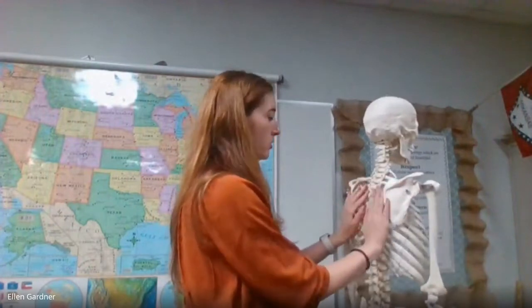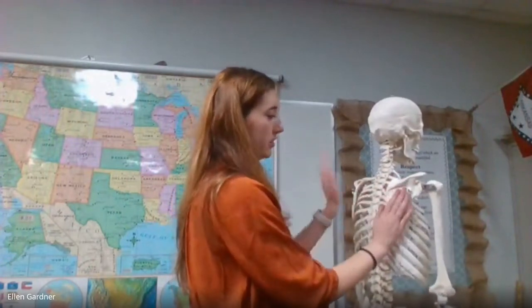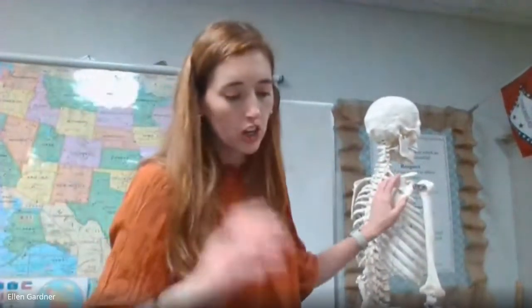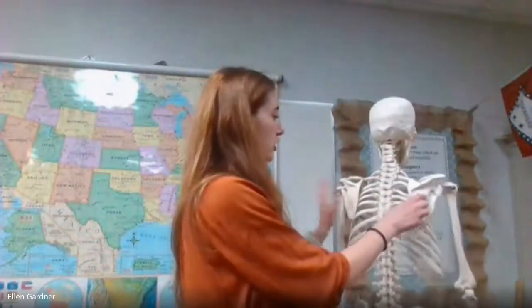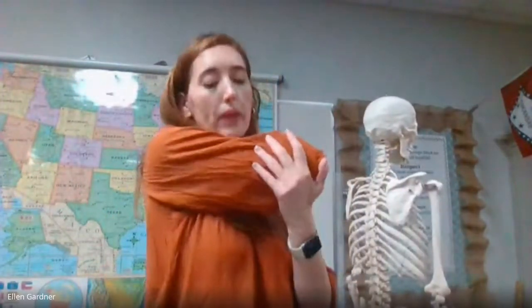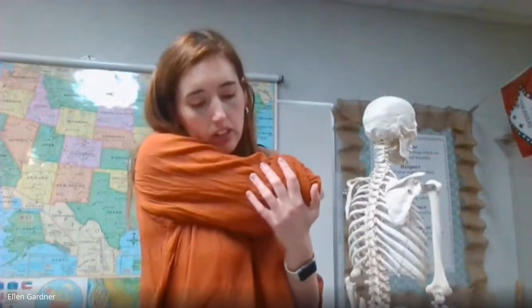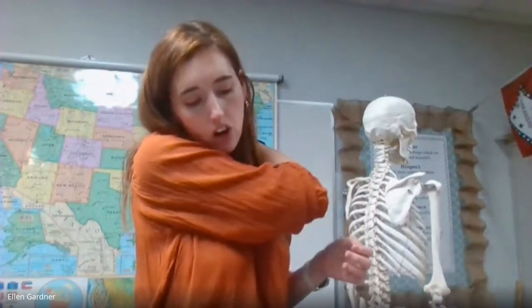So there's the scapula, and there's the rib bones. Now the scapula is a large, flat, triangular bone, and you've got 2 of them. You can feel that on the back too. And it helps to give the arms their flexibility.